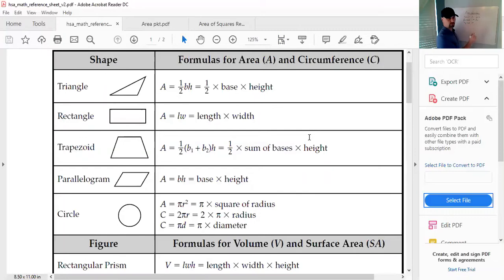Area is equal to 1/2 times the sum of base 1 plus base 2 times the height. That's usually the toughest one for people. Parallelogram.